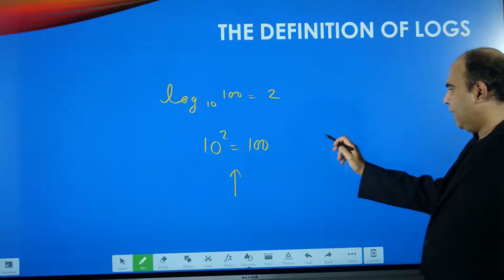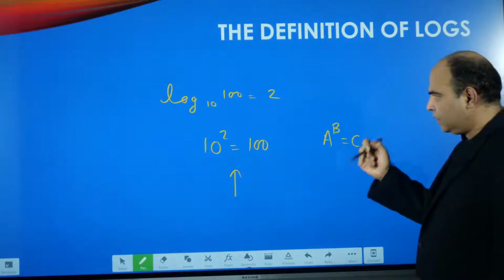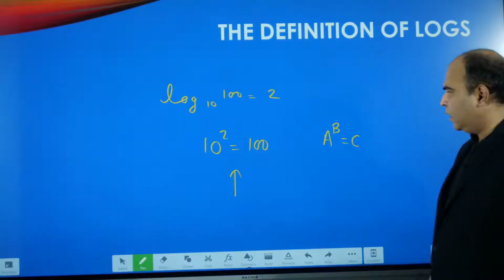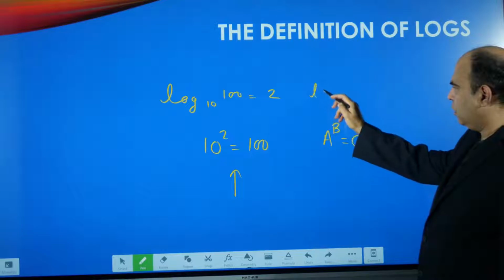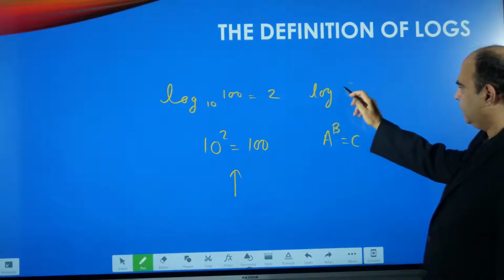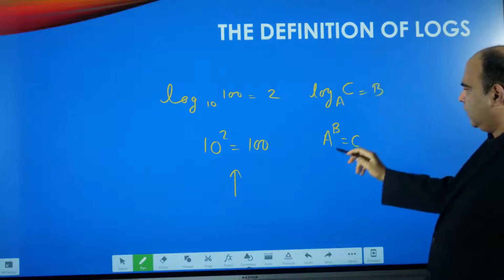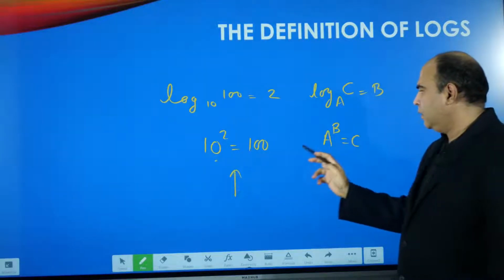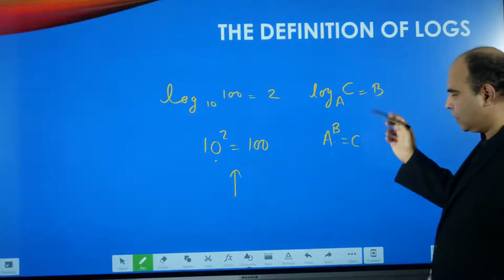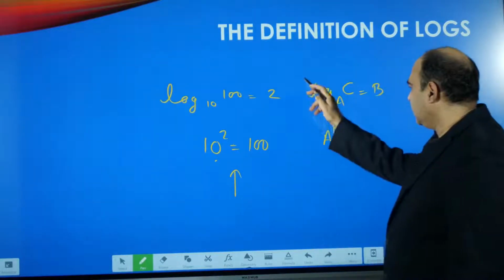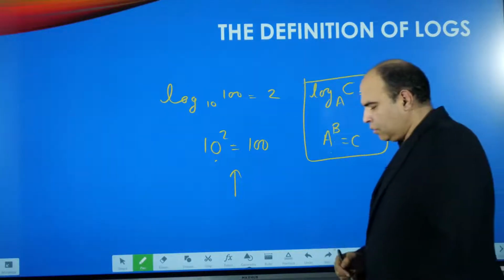And from here you can derive that if a raised to b is equal to c, then the definition of log basically is log c to the base a is equal to b. A is 10 here, b is 2 here, and c is 100 here. So log 100 to the base 10 is equal to 2. So this is the definition of logs. If a raised to b is equal to c, then log c to the base a is equal to b.